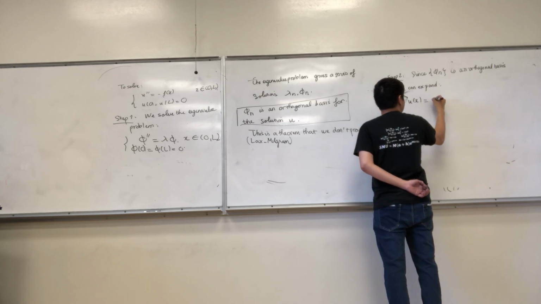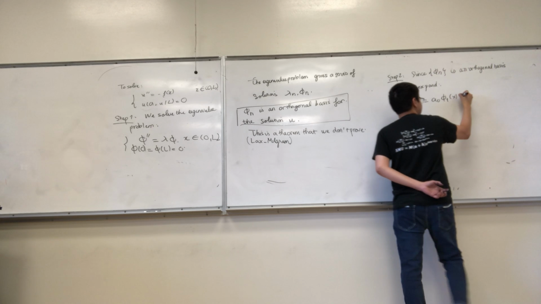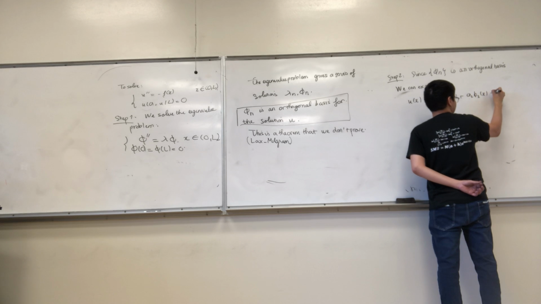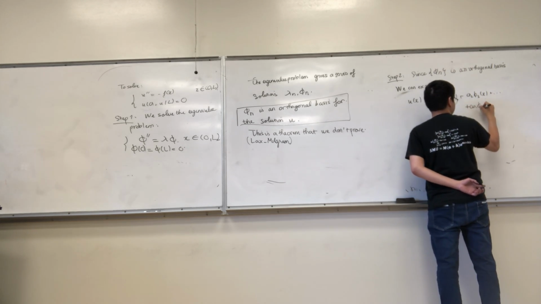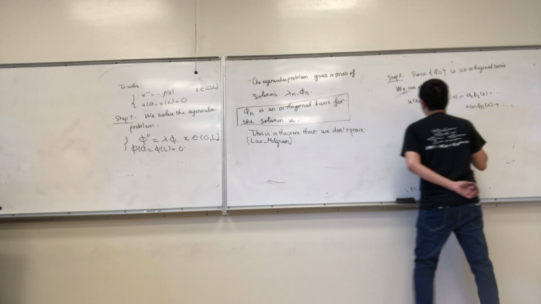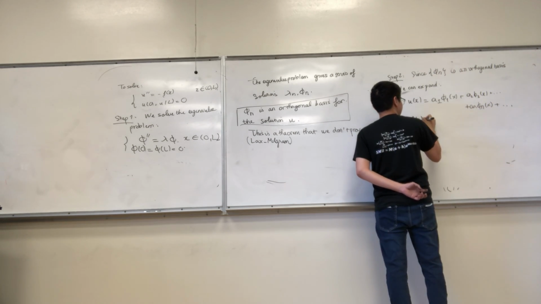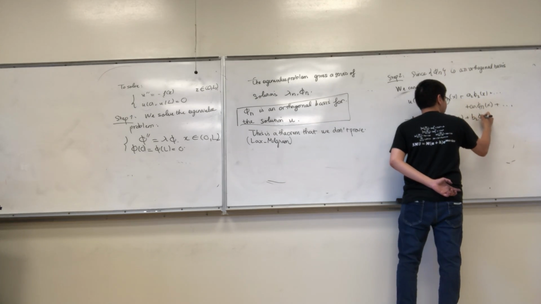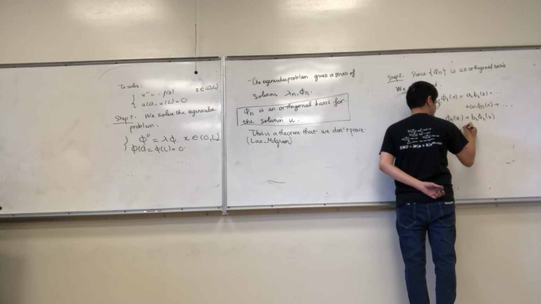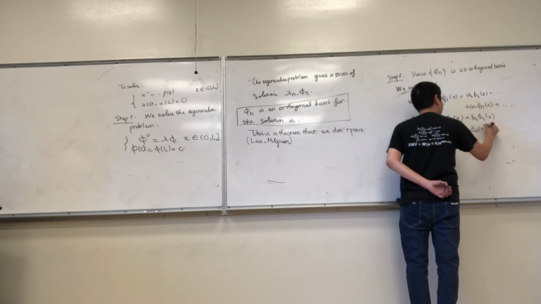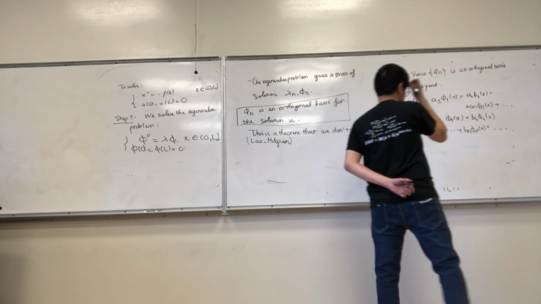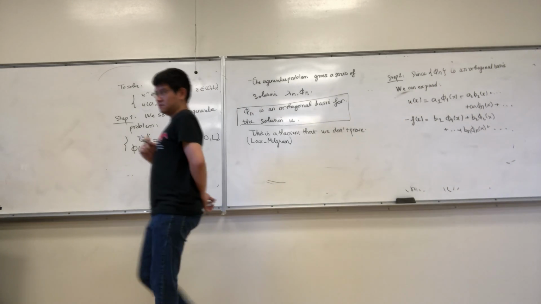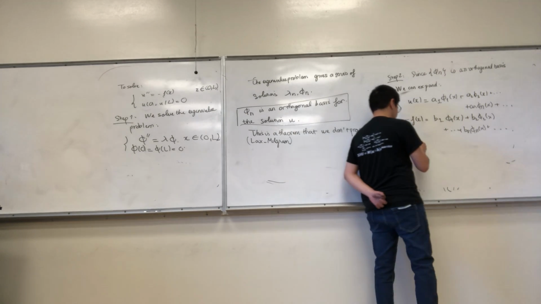U(x) is a1 phi1(x) plus a2 phi2(x) plus an phi n(x). All right, and minus f(x) is b1 phi1(x) plus b2 phi2(x) plus bn phi n(x). All right. So, right, an will be bn over lambda n.